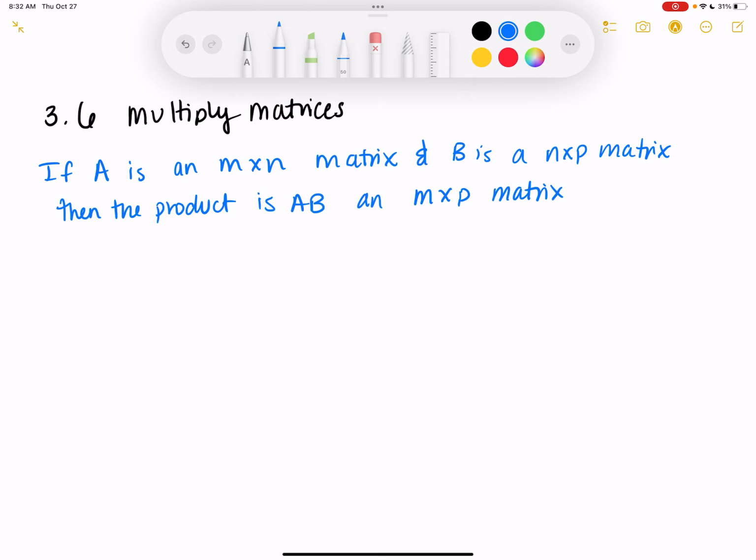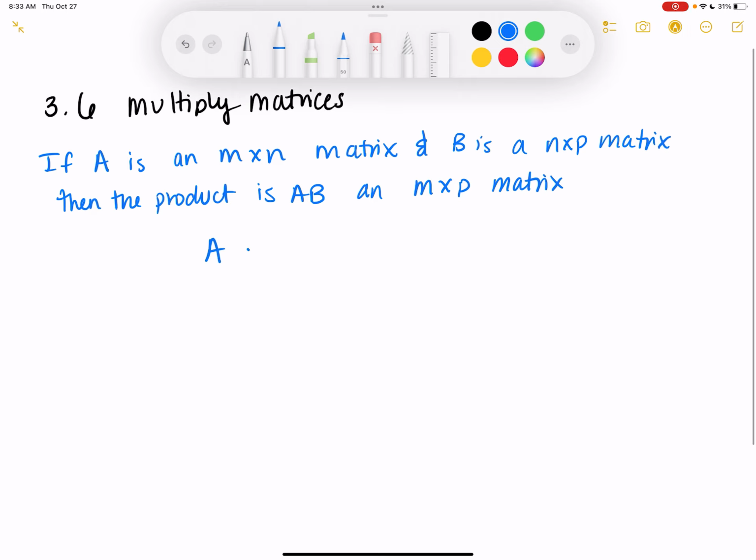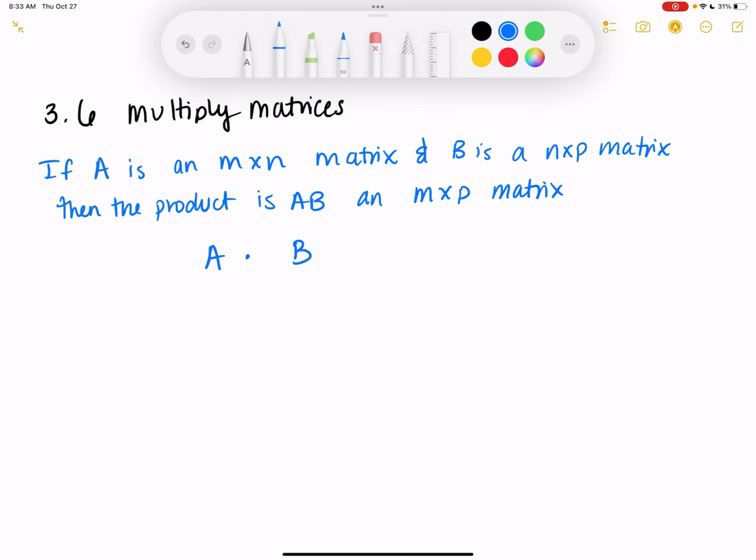And so to see that out actually in symbols to make it a little bit easier, we have A times B, and this is a scenario where order does matter, equals AB. So A was an m by n matrix, B was an n by p matrix. So these two middle terms here have to match.